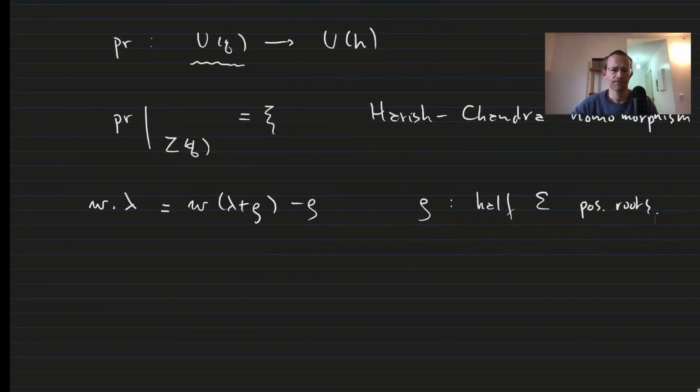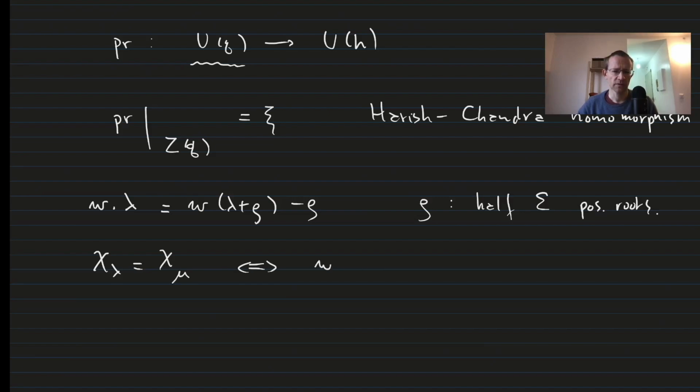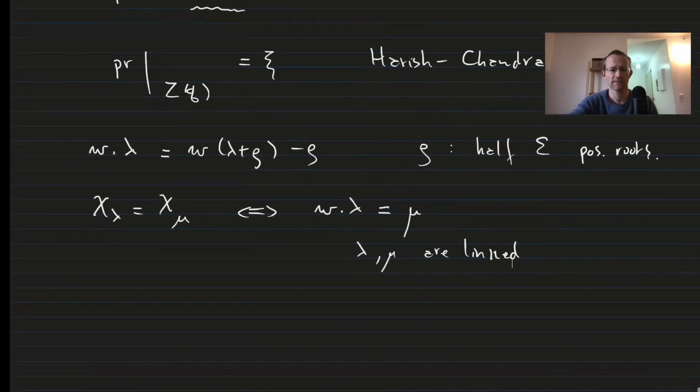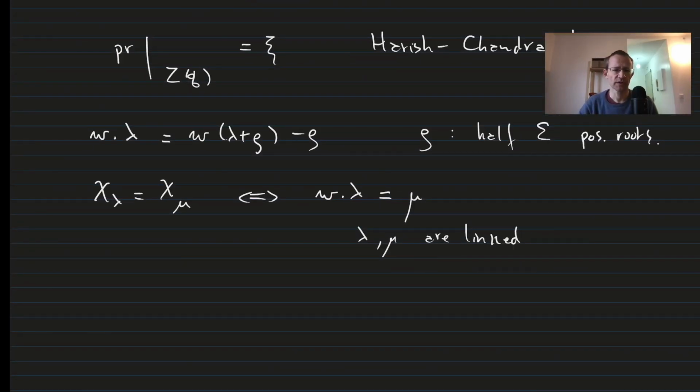And it's important because, in fact, we have the property that the character of lambda and the character of mu are equal if and only if there is a dotted Weyl action which links mu and lambda. So in this case we say mu and lambda are linked. They are in the same linkage class, which is the orbit of this dotted Weyl action. So this is a very important property. The characters are the same if the highest weights are linked by the dotted Weyl action.